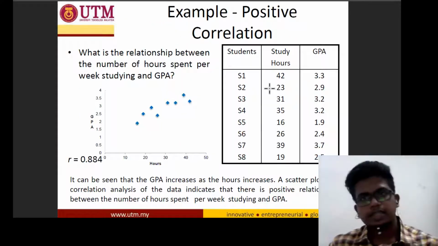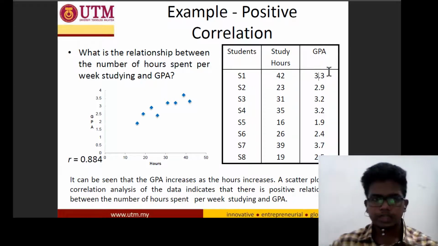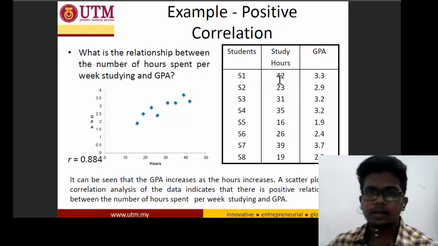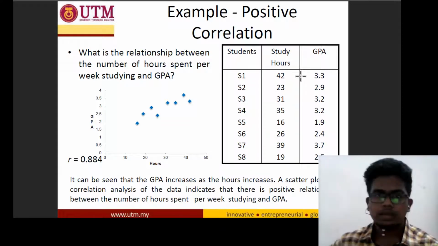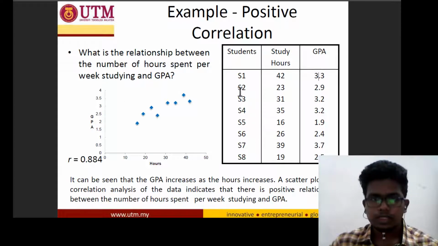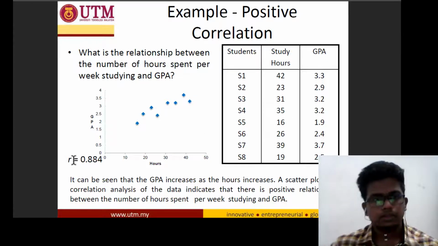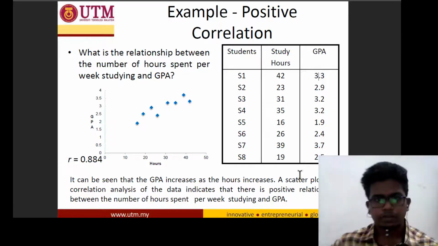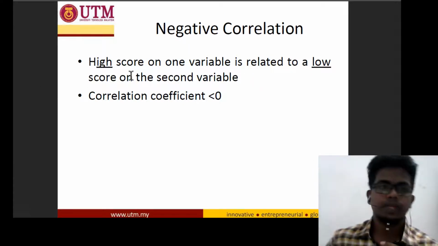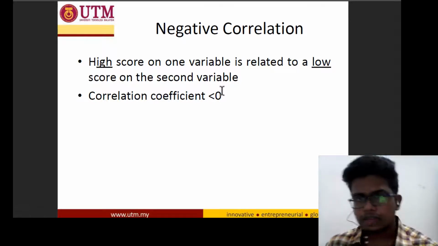We can see in this example that as the student studies more, he gets a higher GPA. With 16 hours of study he gets 1.9, and with 42 hours of study he gets a 3.3 GPA. So he studies more, he gets more GPA, so that's why it is a positive relation. And when we get to negative relation, it means the higher the score goes, the lower the other variable gets.